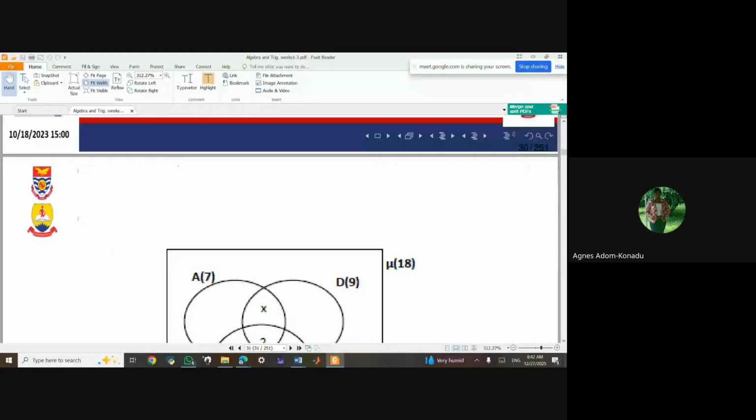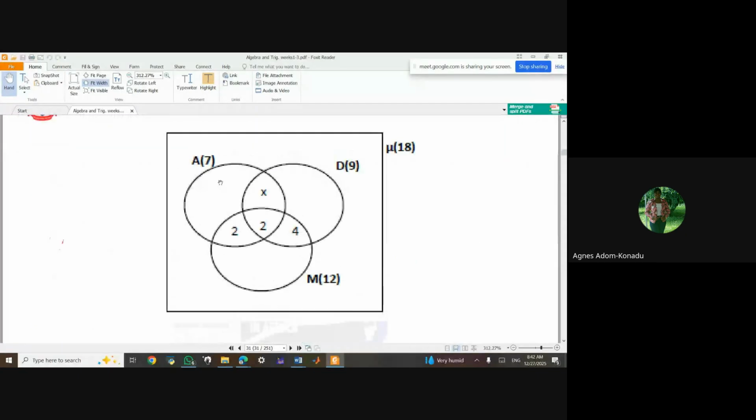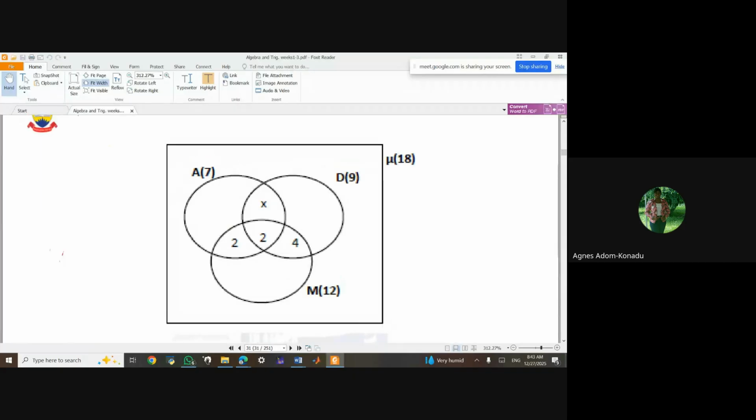So we are to write it in a Venn diagram. So we have attackers, defenders, and then midfielders. And then 2 can play all. 4 can play both attack and midfield, so 2 plus 2 is 4. And then 6 can play midfield and defense. But we don't know the number that can play A and D. Okay. So I hope we can find it.